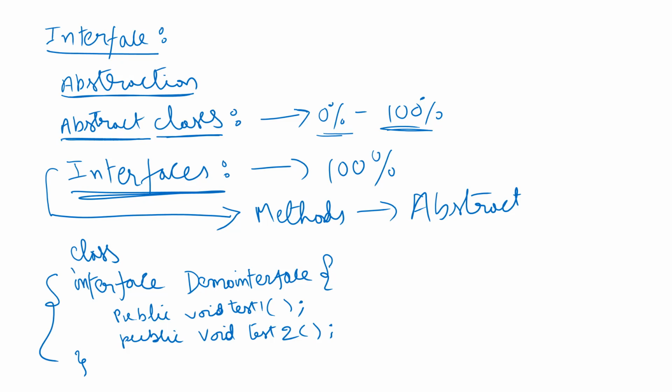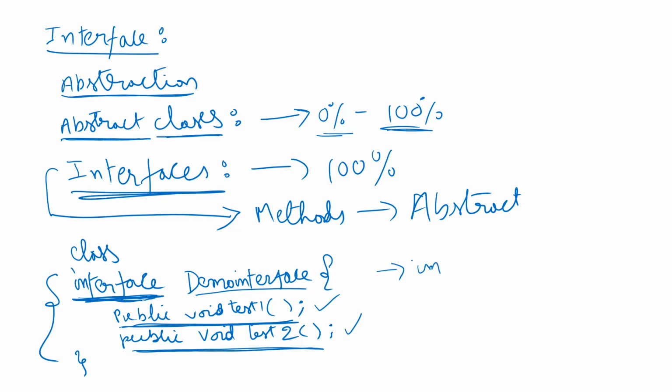So this is how we declare an interface. We declare it with the keyword interface, and we give a name to the interface, and we declare the methods within the body of the interface, but we don't implement these methods in the interface. So how do we get the functionality for these methods? Just like abstract classes, for this interface also we need to have a class that implements this interface, and in that class we have to provide the implementation for these methods.